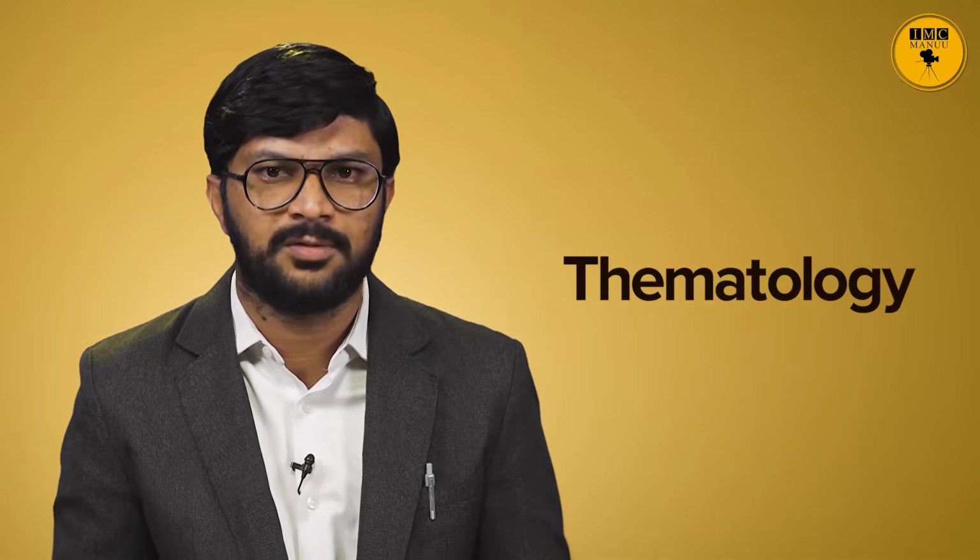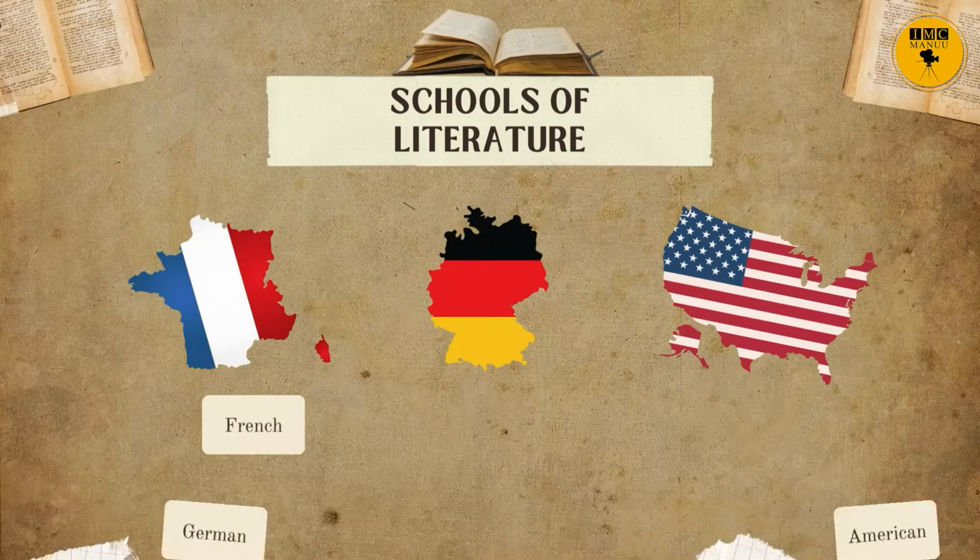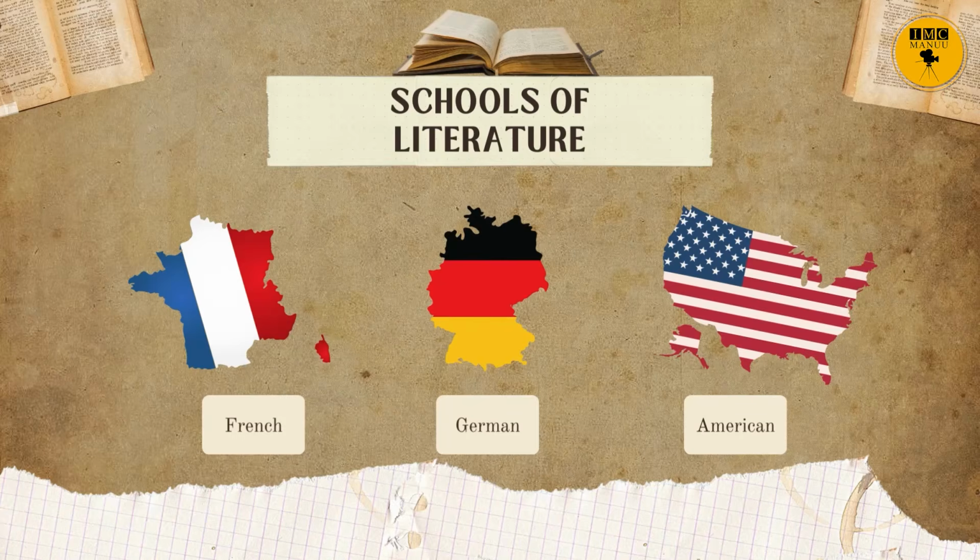The comparative study of themes is called thematology, of literary forms is known as genealogy, and of influences is called reception studies. Moreover, there are diverse approaches in comparative literature which are associated with three prominent schools in comparative literature. They are French, German and American schools. Let us understand them one at a time.